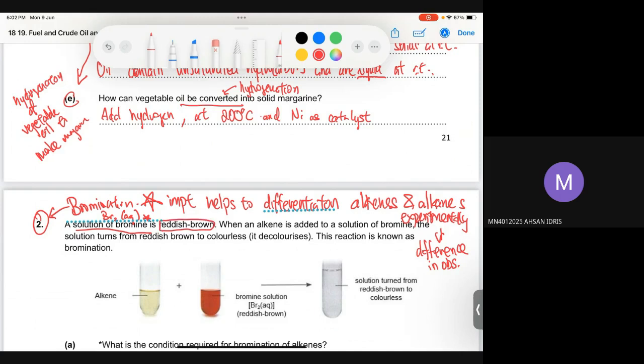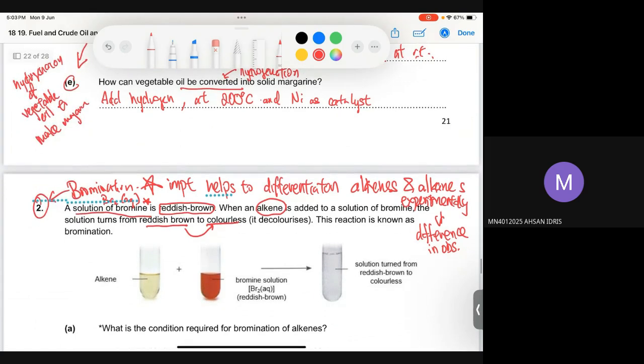When you add an alkene to bromine solution, it turns from reddish brown to colorless. You realize there is a change in color. That's why I know experimentally alkenes will decolorize bromine, turning it from reddish brown to colorless.